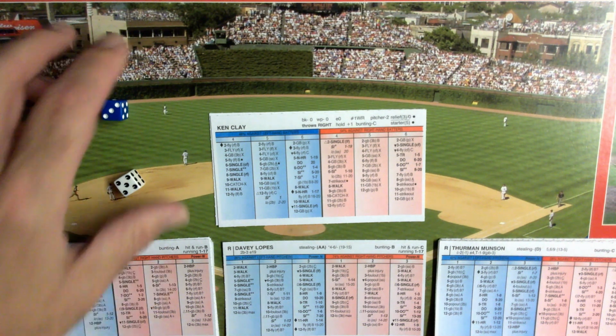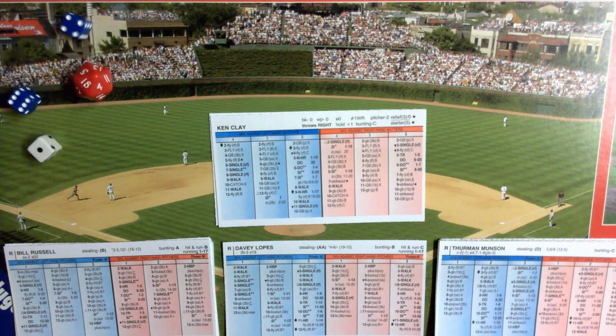The fielding error rating. That's an 18. And then an 11. So that's a G1. And then an 11. No error. So that's ground out 4-3. So just like that, the Dodgers have 2 outs.